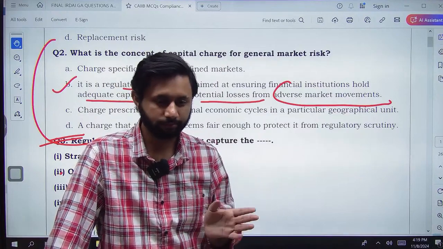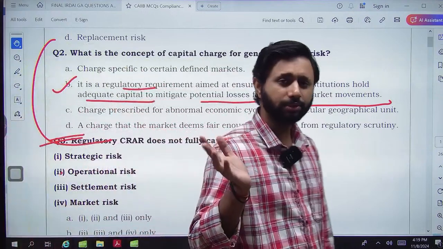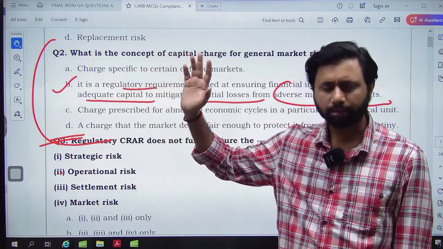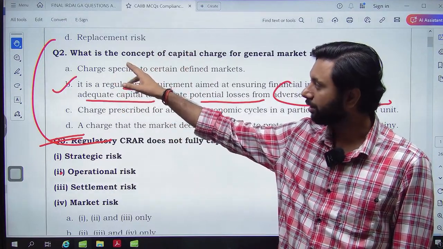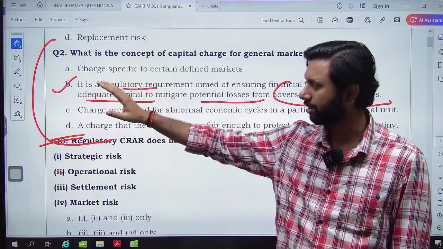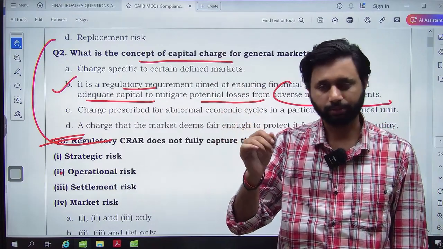I hope this is clear. So, based on these two questions, we've at least witnessed that the questions coming in CAIIB are not too analytical or too difficult. They're mostly definition based or simple idea based.